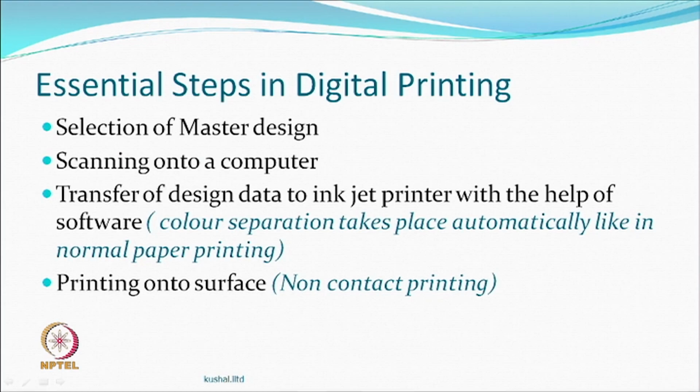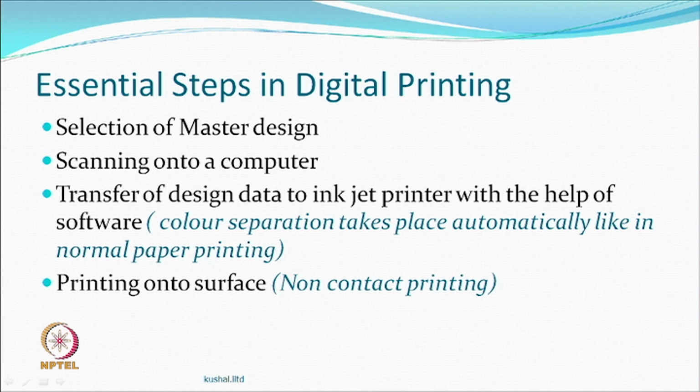The color separation here takes place automatically because computation is taking place, looking at which color and dividing into 4 colors. Every design is separated into 4 colors, and so you have standard dyes which are going to be used, and once it is separated then printing takes place, and it is non-contact printing.